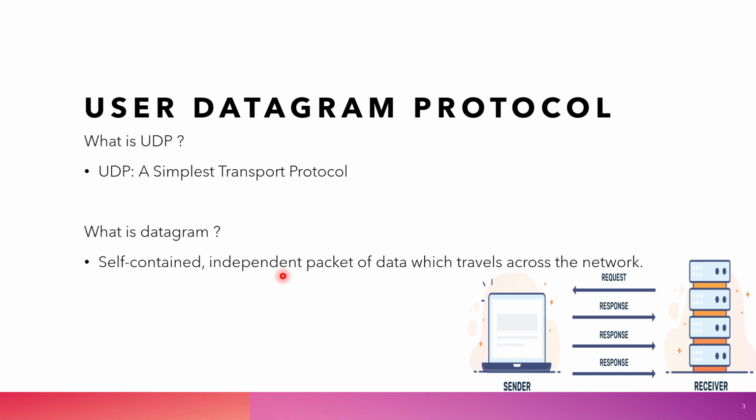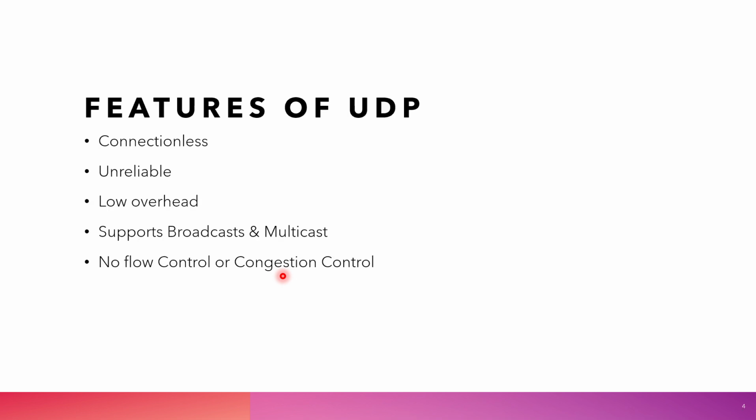To understand the datagram, let's think of postcards. Postcards are sent via traditional mail. Each postcard, which is similar to a datagram, reaches the recipient independently without guaranteeing the order of arrival or confirming the delivery. So this is basically UDP and the concept of a datagram.